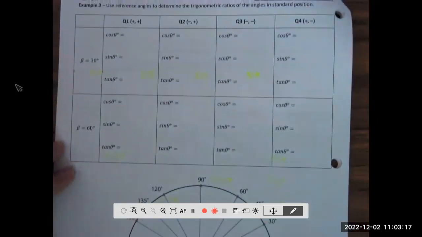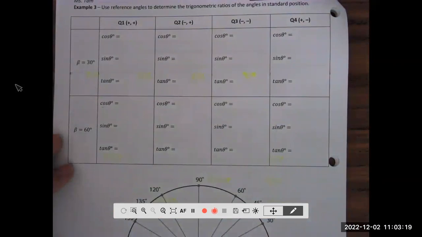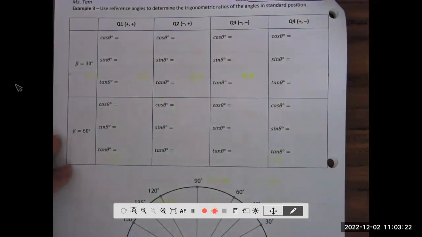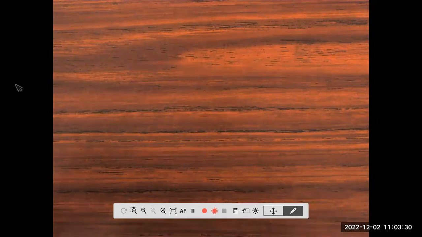Okay, so using what you know of the reference angles, you are going to fill out this chart, and this is meant for practice. You're not going to do it this moment.